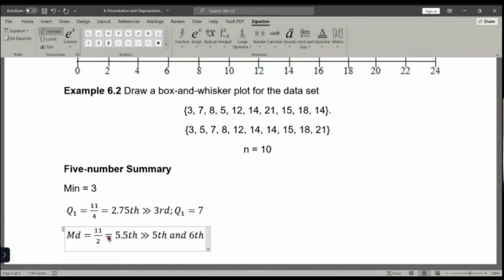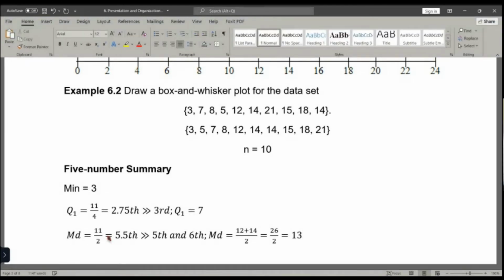The median is in between the 5th and the 6th. So the median now is equivalent to, what is the 5th and the 6th item? 12 and 14, sir. So that is over 2. 12 and 14 is 26 over 2. Our median is 13. Third quartile.